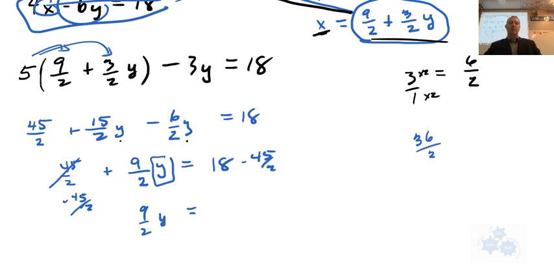So 18 can be changed to 36 over 2. And 36 minus 45 is what? Negative 9. Negative 9 over 2. Okay?